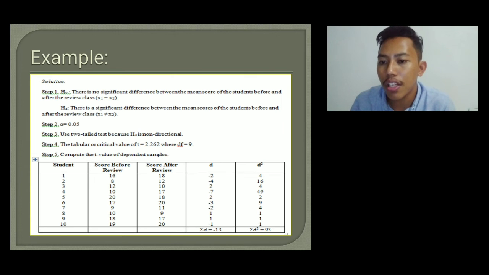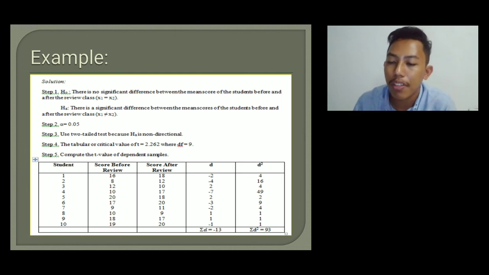So compute the t value of dependent samples. In computing this, we will simply subtract the score after review from the score before review. For example, 16 minus 18 is equal to negative 2. 8 minus 12 is negative 4.